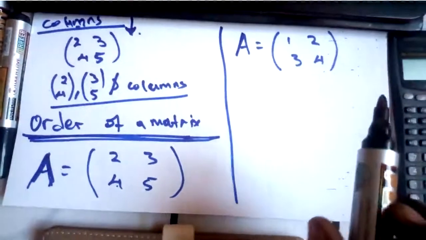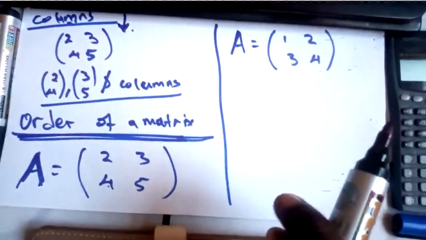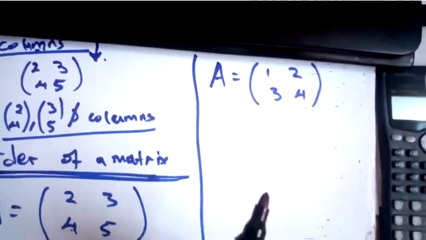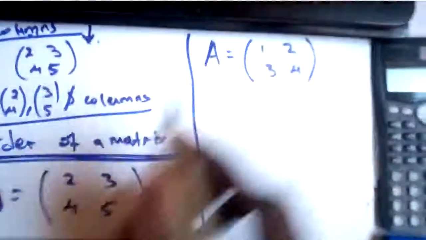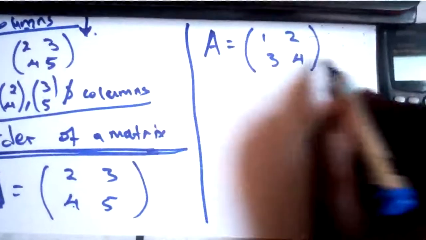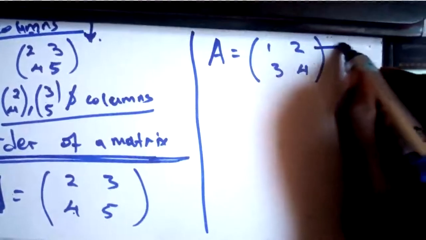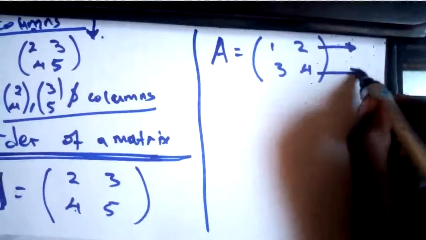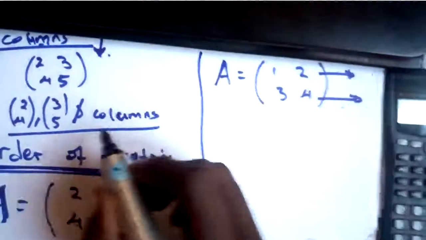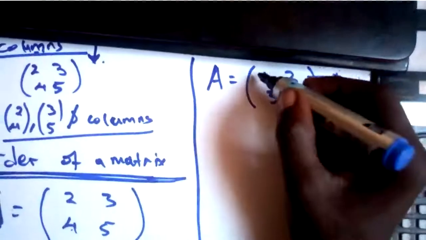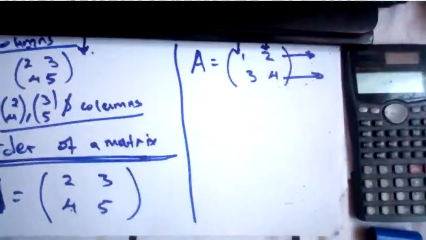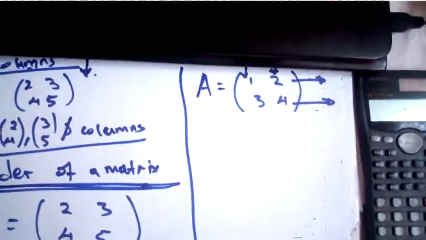Those number of rows and columns form what we call the order of that matrix. So I count the number of rows here: 1, 2. These are the rows, they move across the page. Then I count the number of columns: 1, 2.